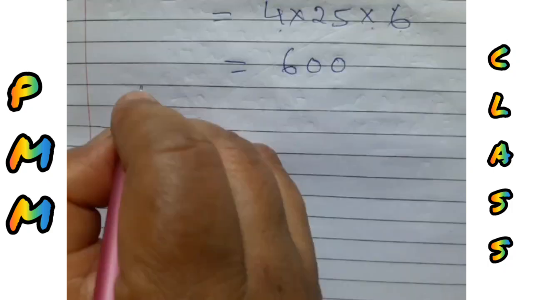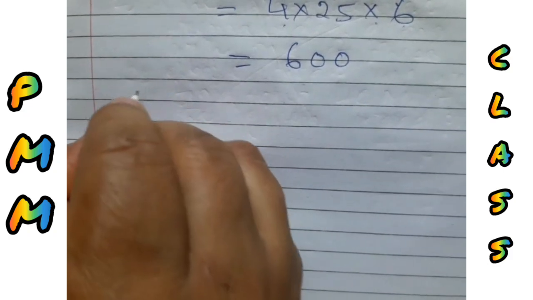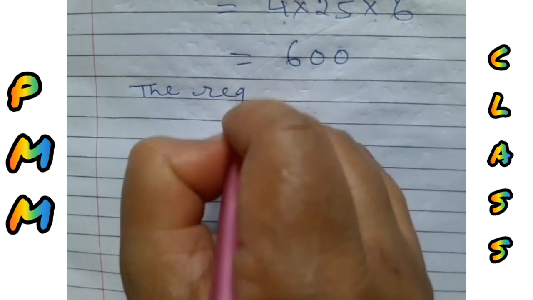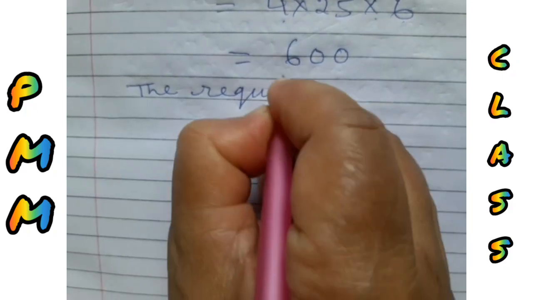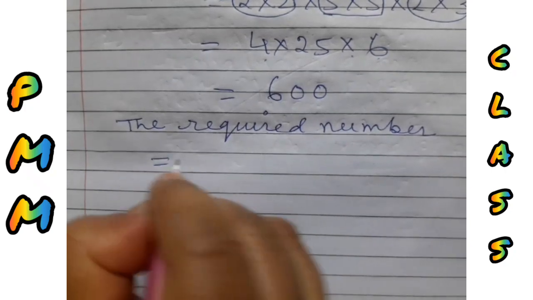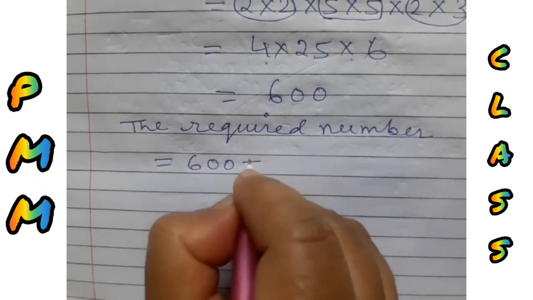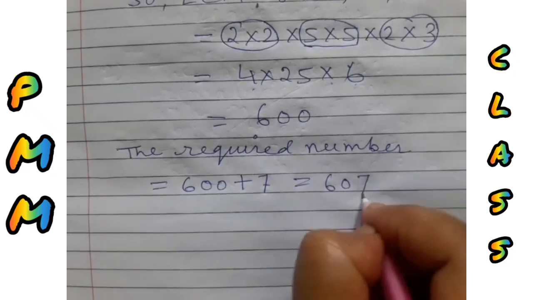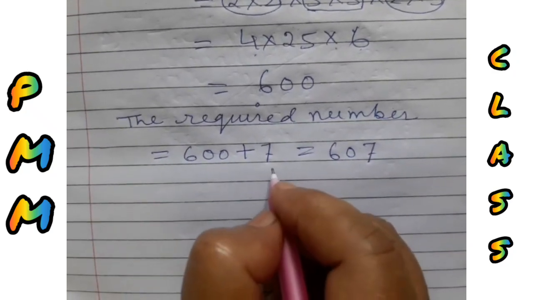Next, the required number equals 600 plus 7 equals 607, according to the second rule.